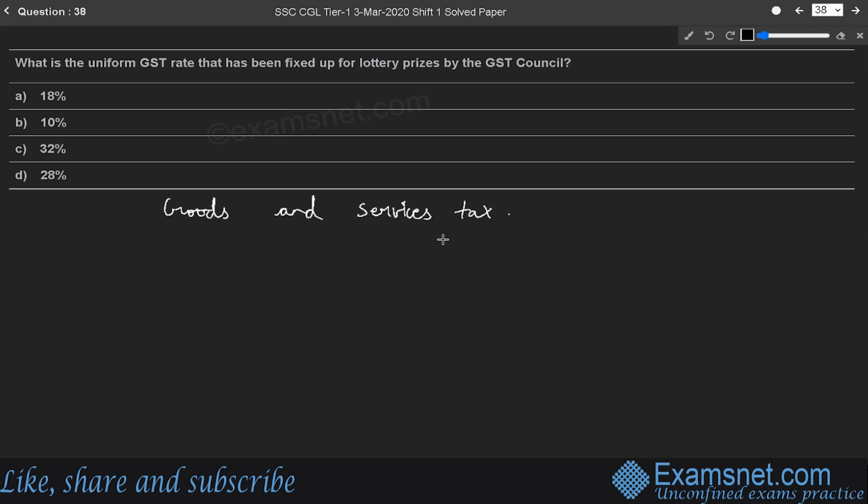So it is an indirect form of tax. There are two kinds of taxes, direct and indirect. So GST is an indirect tax and it was introduced on 1st of July 2017. It also subsumed many central and state indirect taxes, and it is also a destination based tax.